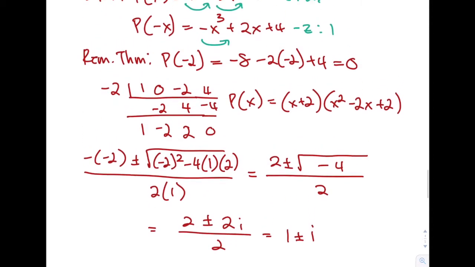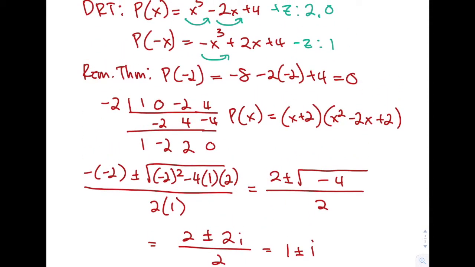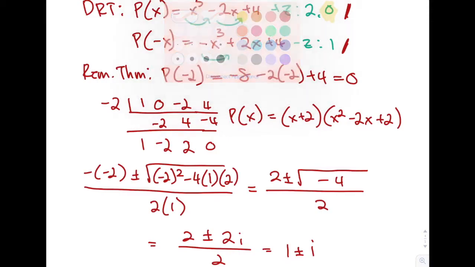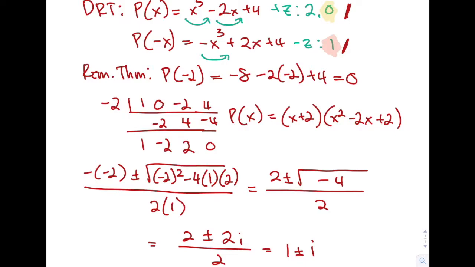Now scrolling back up to see the Descartes' rule of signs, we see that we could have 2 or 0 positive real zeros and definitely 1 negative real zero. So this is the super cool part. This accurately predicts the case where there are complex zeros. We had, for sure, 1 negative real zero and we had 0 positive real zeros.